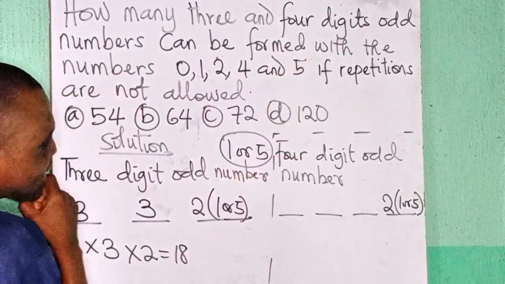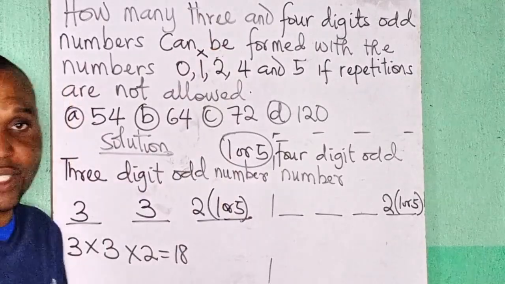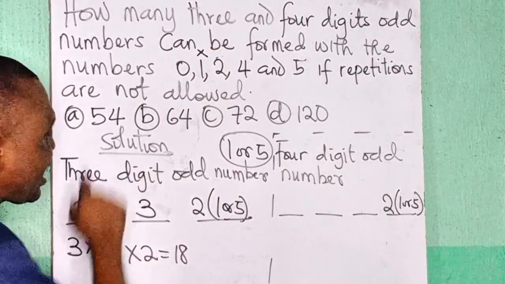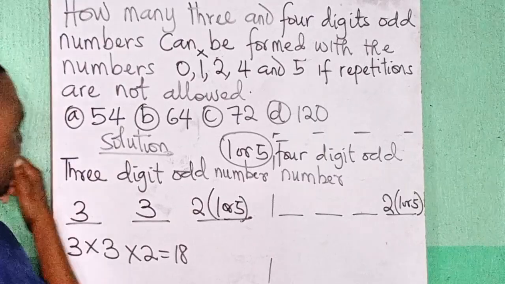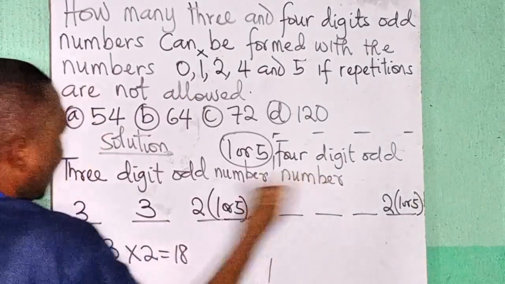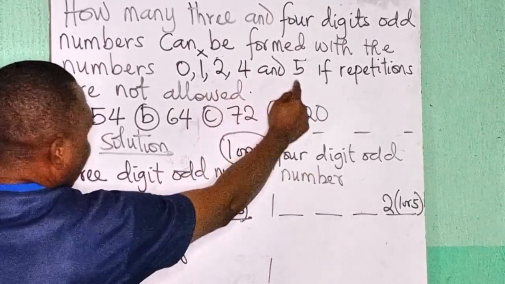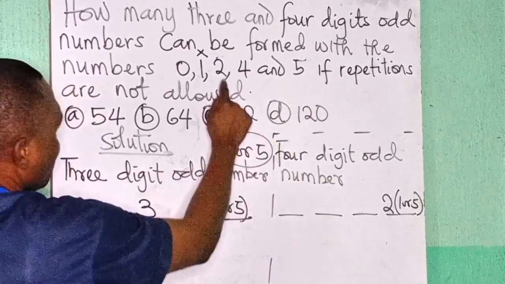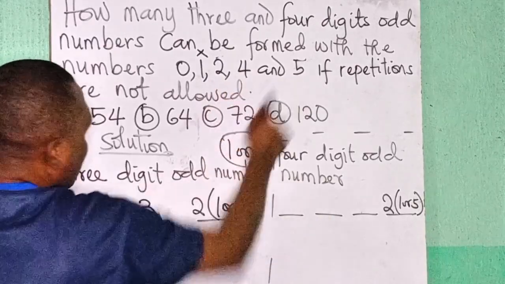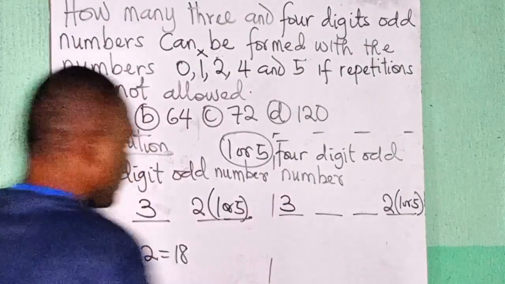Now let's assume that I fill the last digit with 1, for instance. Excluding 0, of course, I can't put 0 here as a first digit. So I'm having 3 choices. I can fill this first digit with 2, 4, or 5. That is 3 choices. Is that clear?